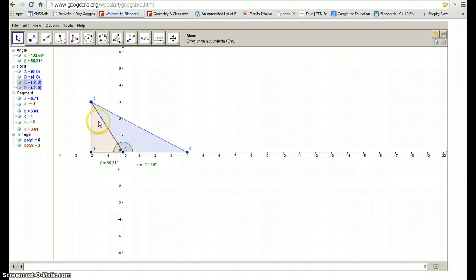So we have -2 over 3.61, but -2 is a negative number. We know that this side actually goes in the opposite direction of one of the angle's sides.